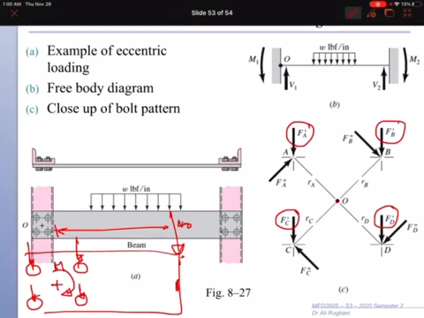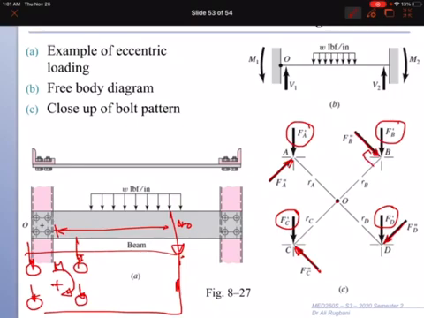The secondary load is coming from this bending moment. We need a load to resist this bending moment. So you see the direction here, to ensure that we have a reaction to the bending moment.